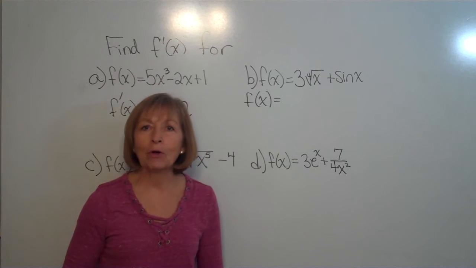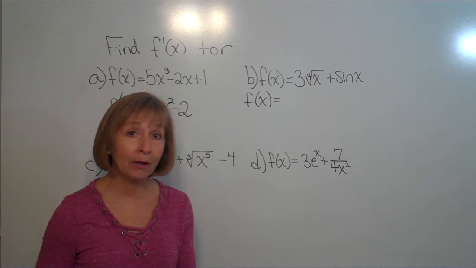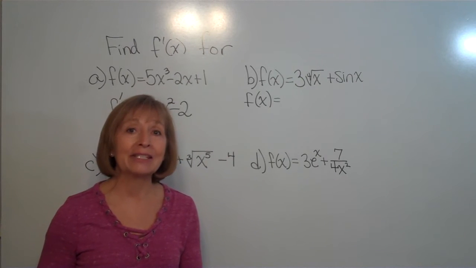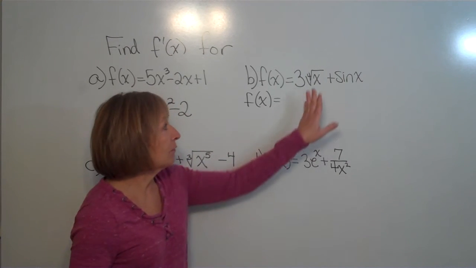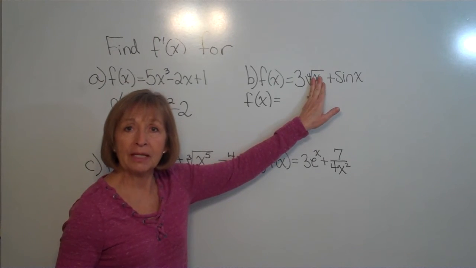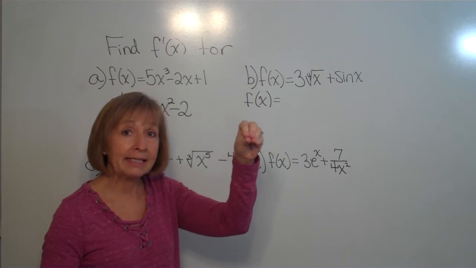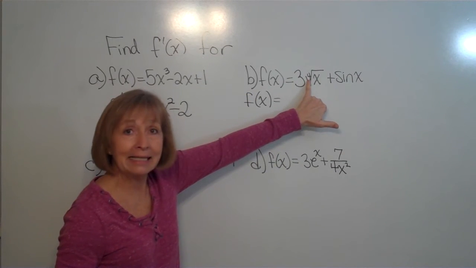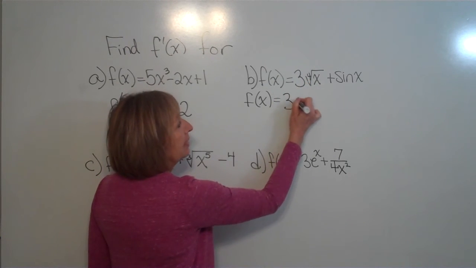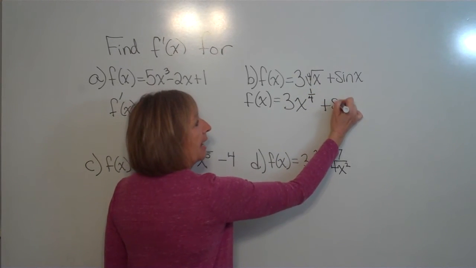But I want to remember that a radical notation has a fractional exponent counterpart. The fractional exponent that means the same thing as the radical notation will have whatever is under the radical as the base, and then the exponent has the fraction where the numerator is the power and the denominator is the index of the radical. So this is 3 times x to the 1/4 power, and then plus sine x.